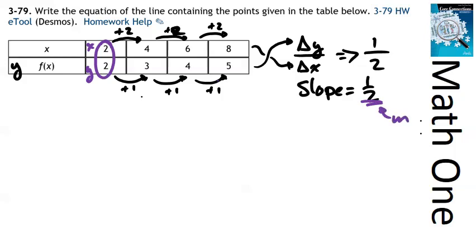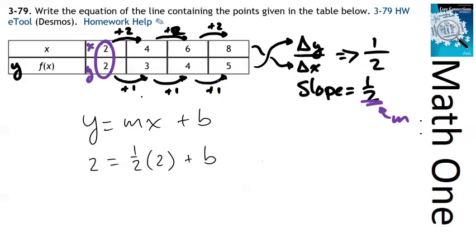So let's go ahead and write down our slope-intercept form of equation. So we've got y equals m times x plus b. Our y value in this case was 2. Our slope was 1/2, and our x value was 2, and then we've got the plus b.